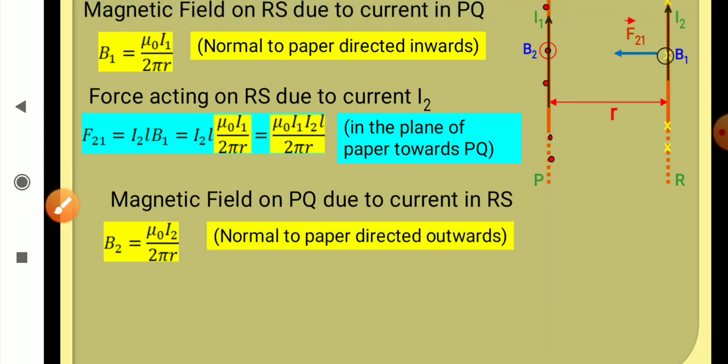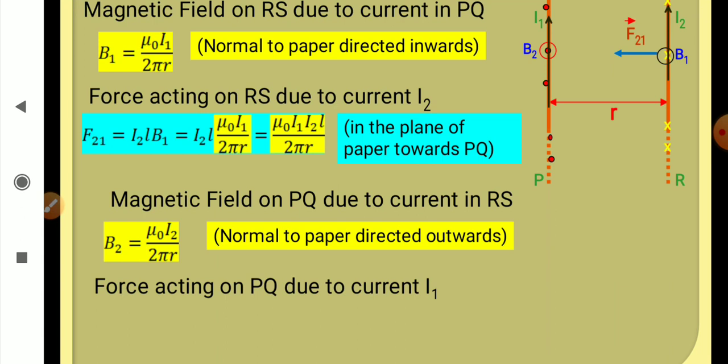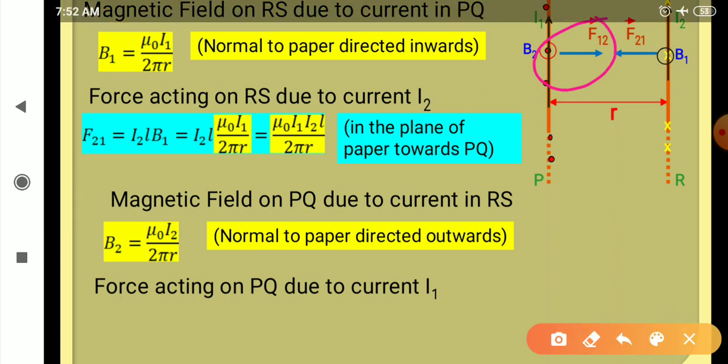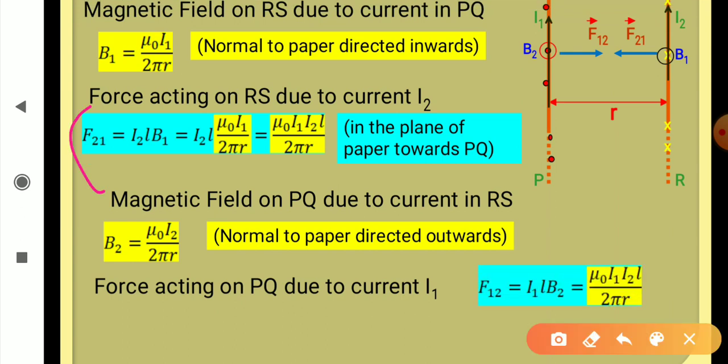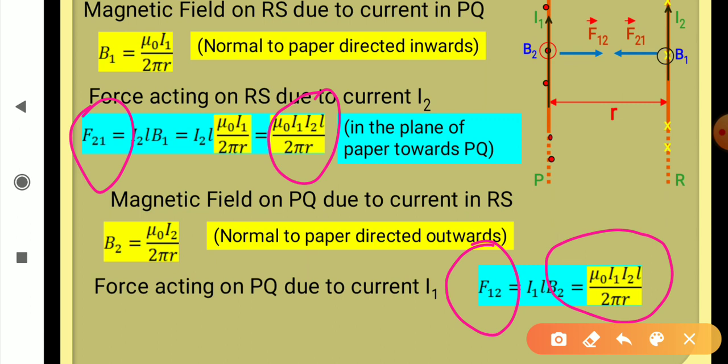And it is normal to the paper directed outwards using your right hand rule. And force acting on PQ due to current I1. Now current I1 is passing through it. This force will be directed towards the right side, and its magnitude will be same as this one. F21 is equal to F12, and putting the values, you see that you get the same value. So F12 is equal to F21.